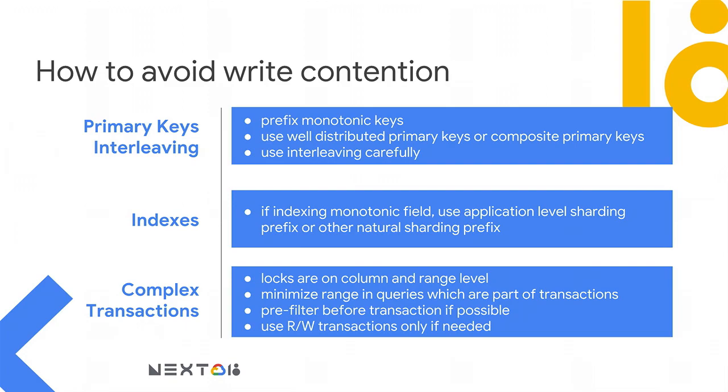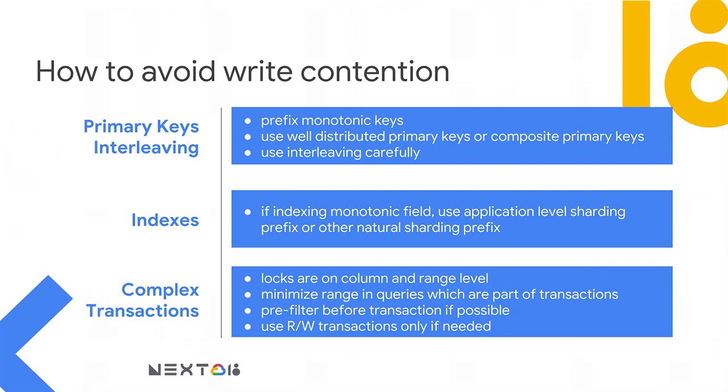So primary keys, I mentioned in the beginning, the tables are ordered lexicographically, or for the numeric types, alphanumerically. So if you have something which is monotonically increasing or decreasing, you basically add to the last split or to the first split. And as mentioned, one split is always owned by one compute resource.